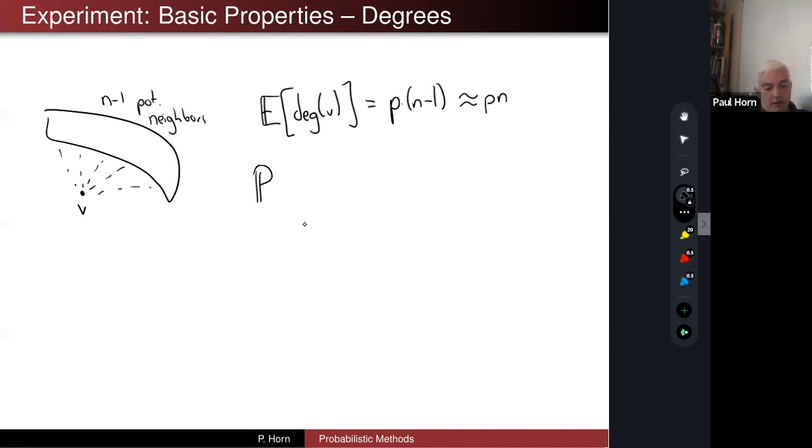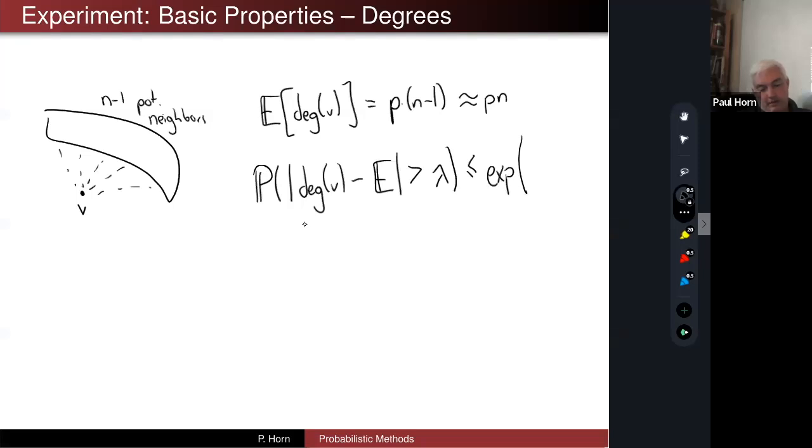And the probability that the degree of v differs from this expectation by more than lambda would be like e to the minus lambda squared, again over twice this expectation plus lambda over 3.